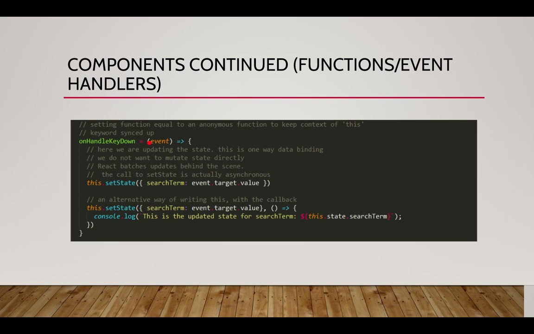When we set it to an anonymous arrow function, it's basically just not going to have its own context. It's going to take the context of the parent, and in this case, it's a method of the class. The class is the component. So here we are handling a key down event. Not complex, not going to lie, pretty simple.